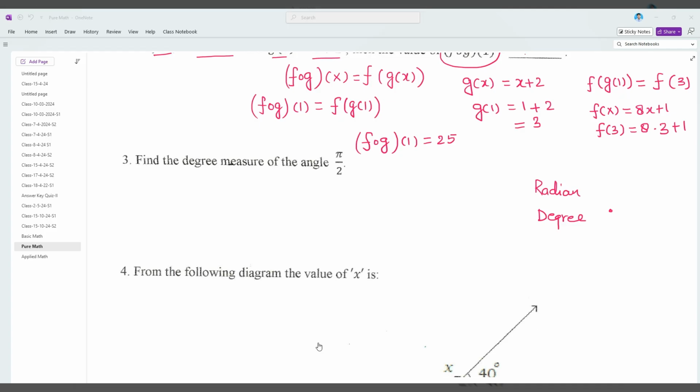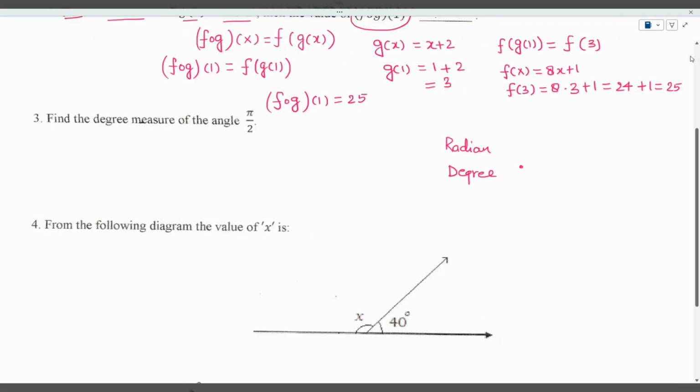So here you are going to find the degree measure of the angle pi over 2. As you know, any radian measure angle can be rewritten in degrees. If you want to rewrite the radian measure of an angle in degrees, multiply the number of radians by 180 degrees over pi.